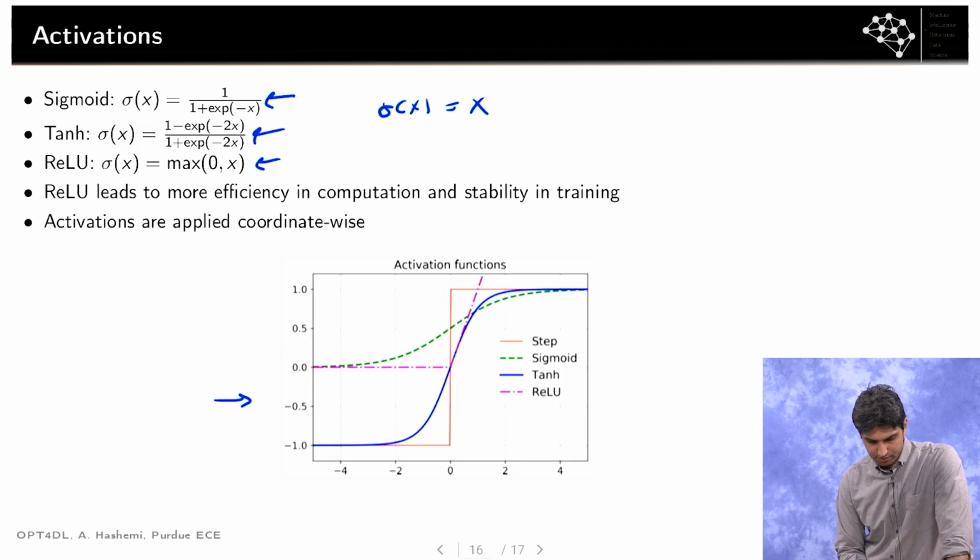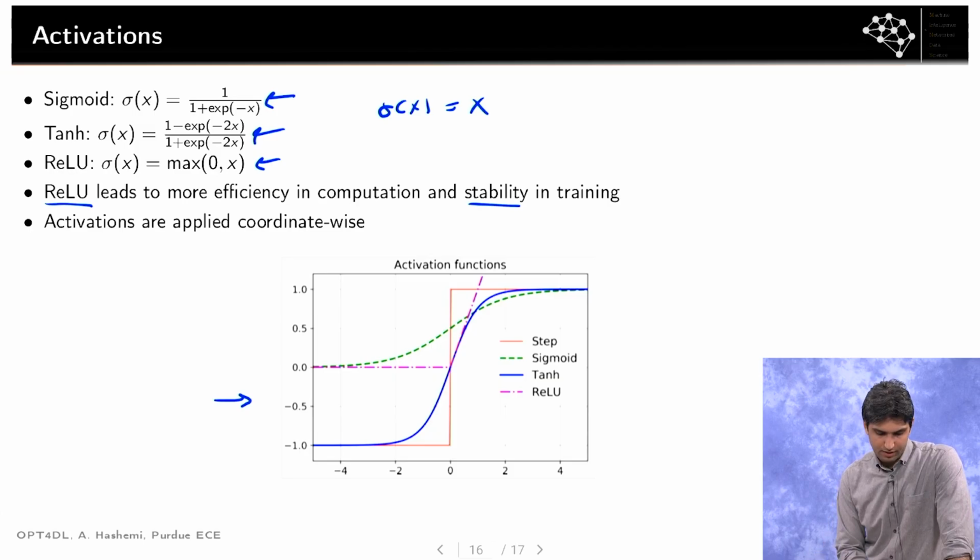Now, among these, we have observed empirically that ReLU actually is a lot more capable. It leads to more efficiency in computation and also more stability in training. So that's why among these, I would say the ReLU activation and its extensions are more popular.